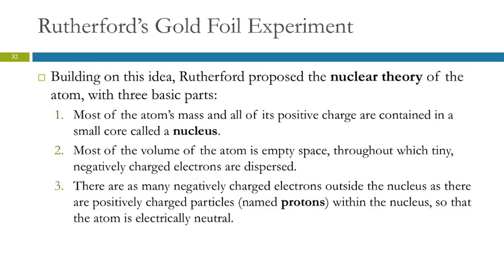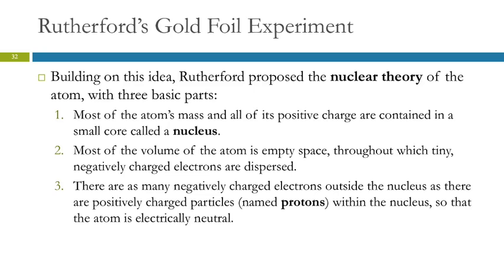So this led to the nuclear theory of the atom, 3 basic parts. Most of the atom's mass and all of the positive charge is contained in a small core called a nucleus. Most of the volume of the atom is actually empty space in which we have these tiny negatively charged electrons.